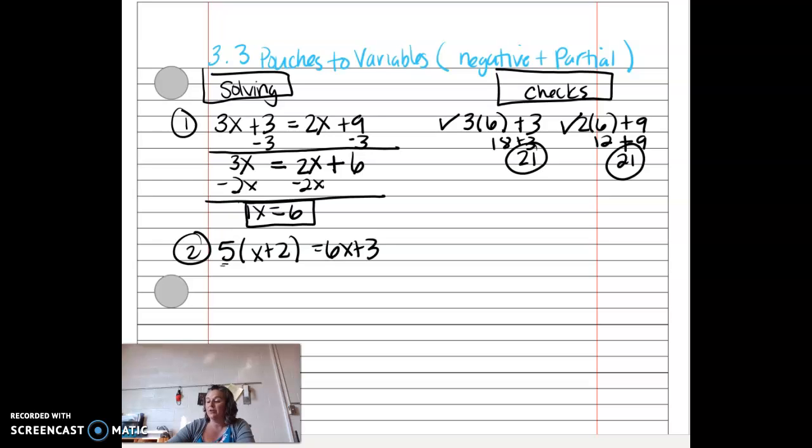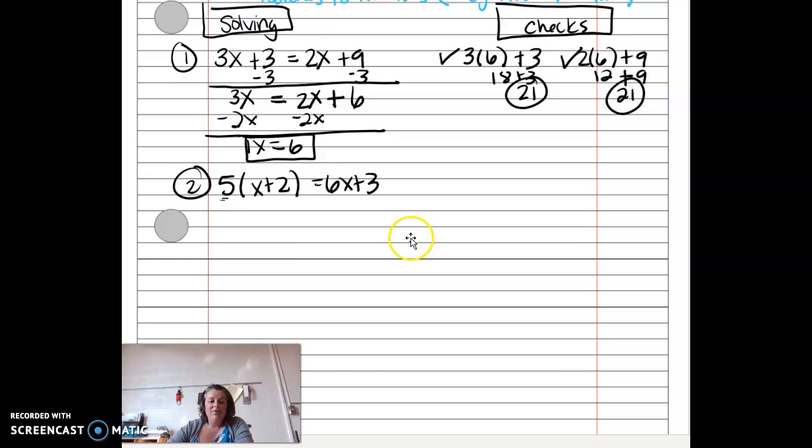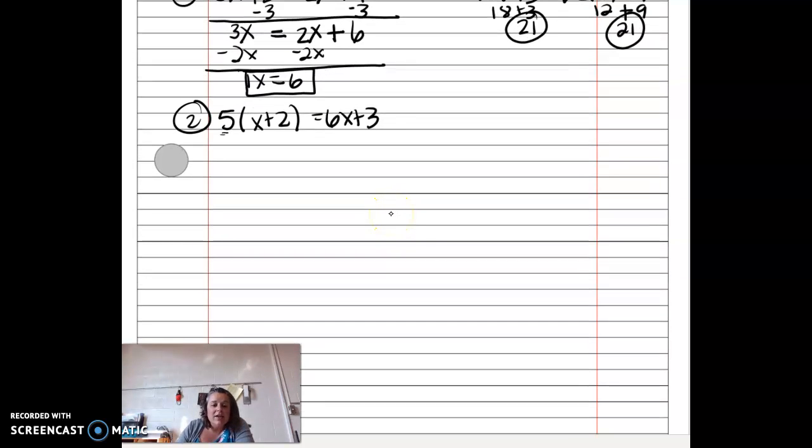I need 5 groups of them. So let's say I did a square for a bag. So there's 4 groups. There's 5 groups. Altogether, I had 1, 2, 3, 4, 5 bags and 2, 4, 6, 8, 10 coins.